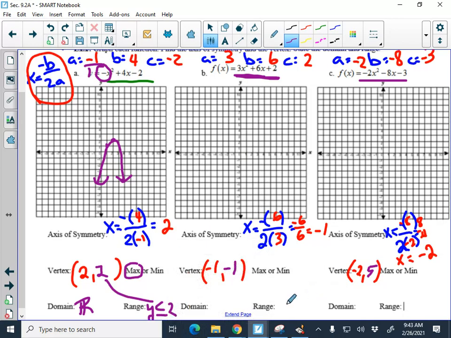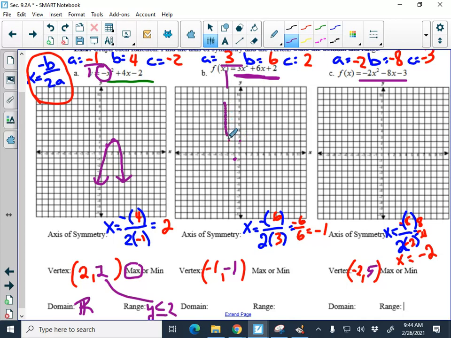Okay, next one. -1, -1. Put a dot. Whoops, missed it. Down 1 here. -1, -1, dot right there. Trying to make it a little bigger. Look at A now. A is 3 over 1. It's positive, so it opens up. So let's all go up 3, and 1 to the left, and 1 to the right.